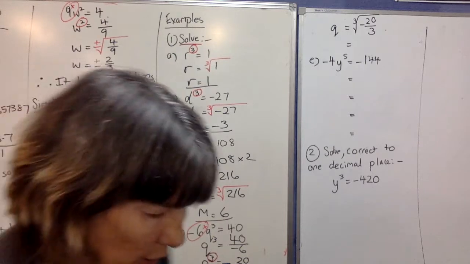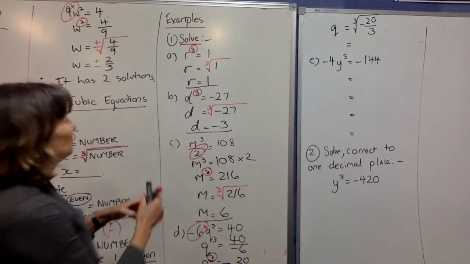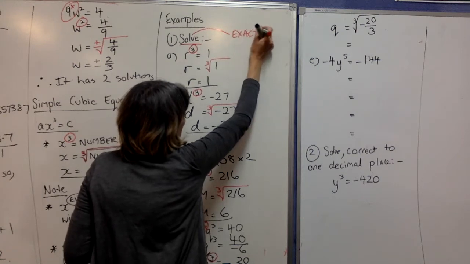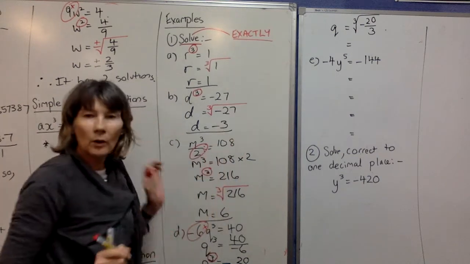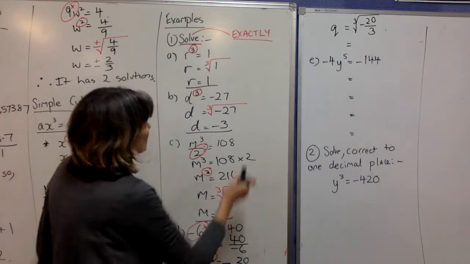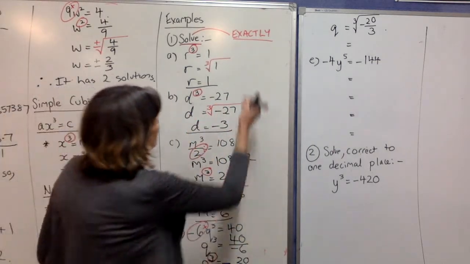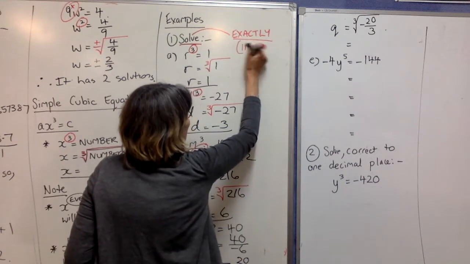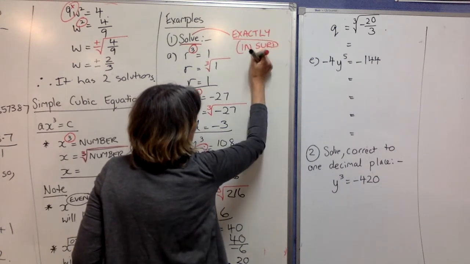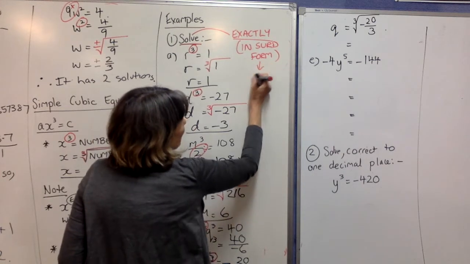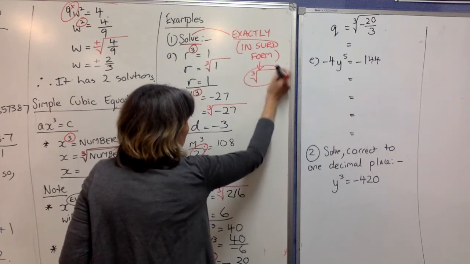Okay, so when a question asks for you to solve, it always means exactly. So sometimes if it doesn't work out to be a nice number like these did, it means that we are going to be in surd form, which means we are leaving the square root or the cube root.